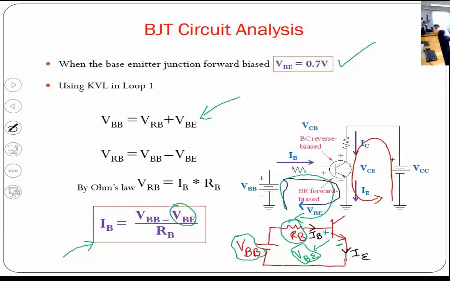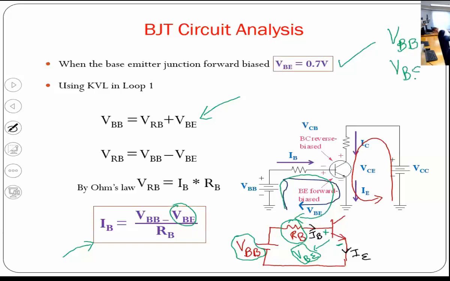VBB is still saying base source. There is no explanation why it's called two Bs. So VBB is the supply on the base.